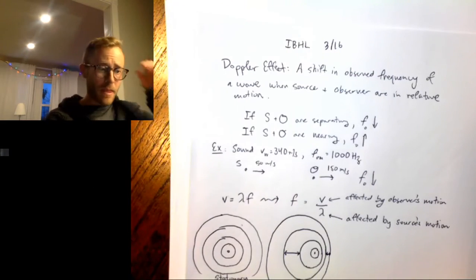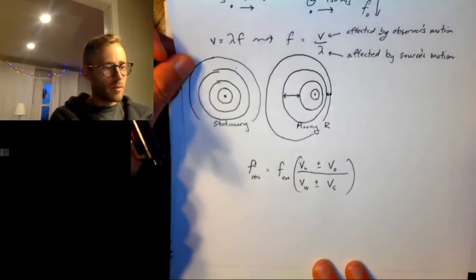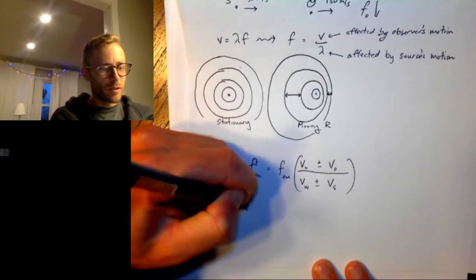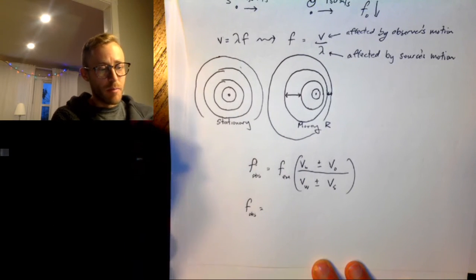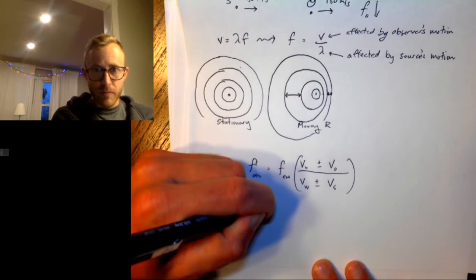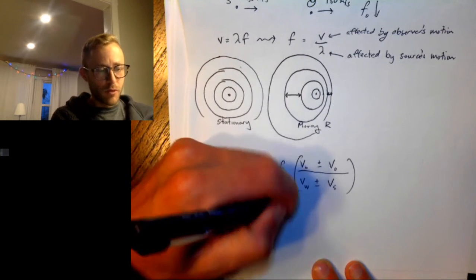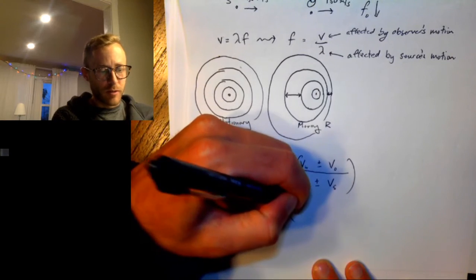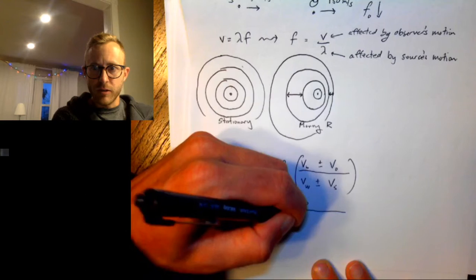So that's going to be our numbers. We want to figure out what is the observed frequency. And so the emitted frequency was 1,000. The velocity of the wave, we're talking about sound, so that's 340.